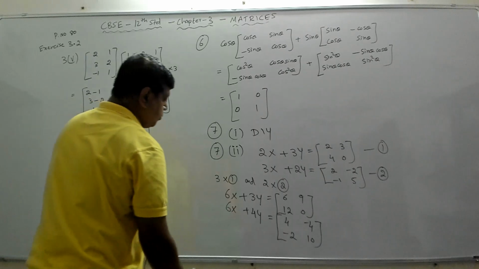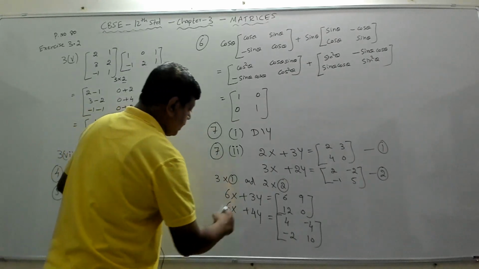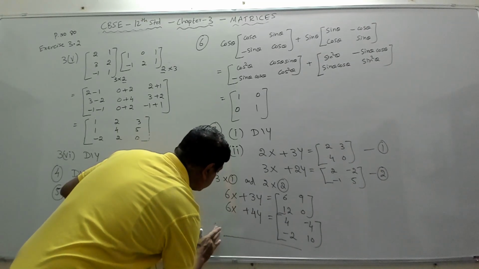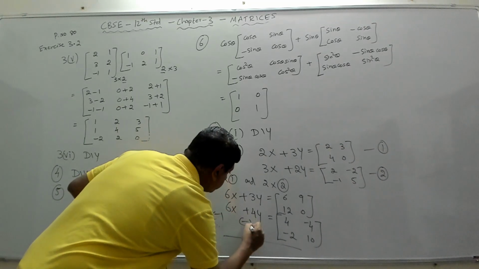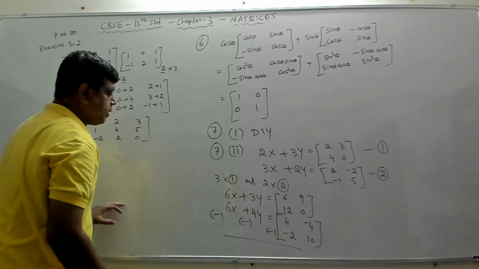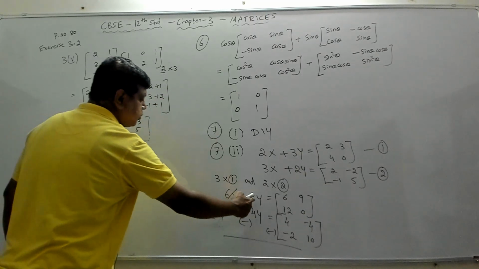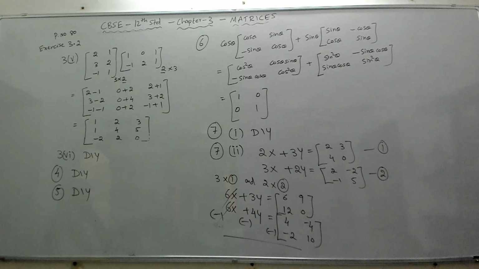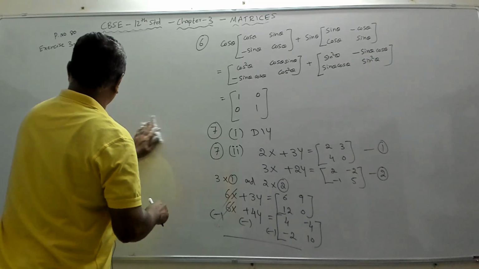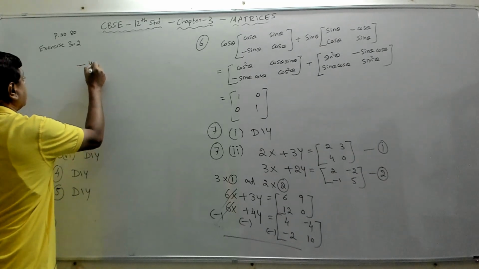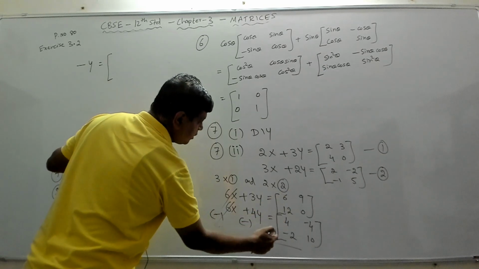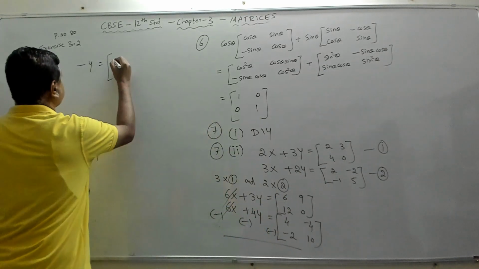Now what we can do, we can subtract them. Subtract means changing the sign, right? So this is plus, it will become minus, this will become minus, this will also be minus. When you subtract, 6x minus 6x is cancelled. Now 3y minus 4y will give you minus y. So we get minus y equal to, we have to subtract these two matrices.